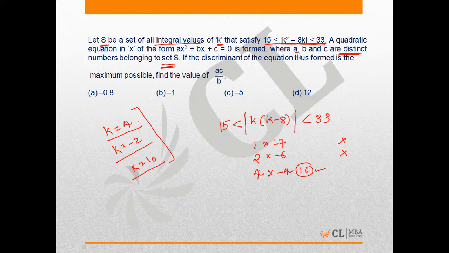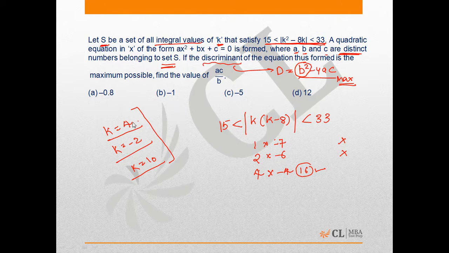So obviously if a is say 10, b is minus 2 and c is 4, or any order. If the discriminant of the equation thus formed is capital D, we know the value of D is b square minus 4ac. I want this term to be maximum. It can only happen if b is the maximum number.